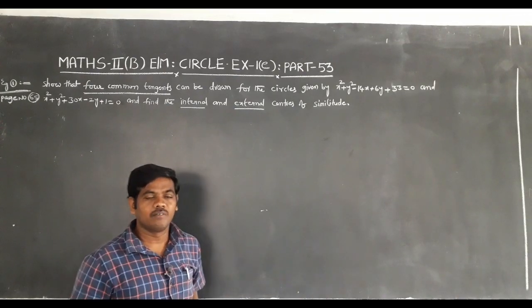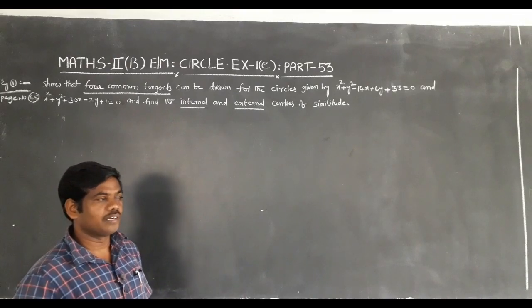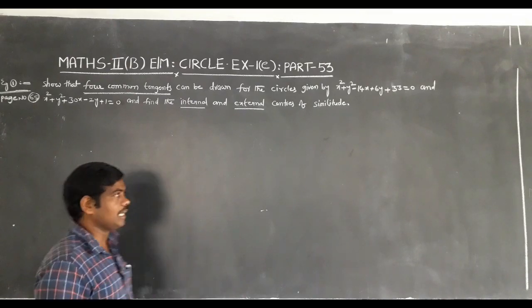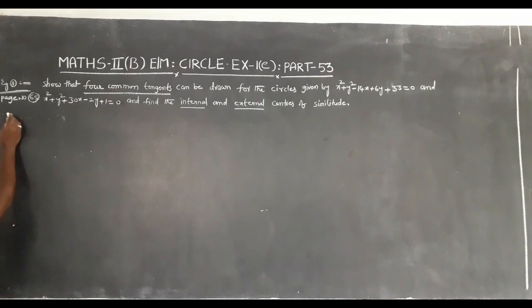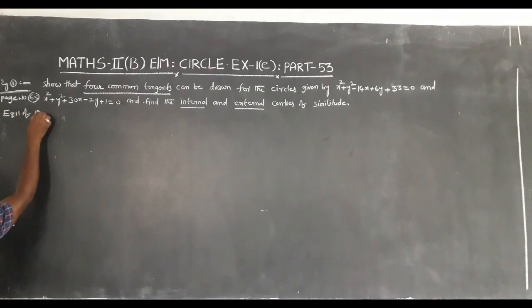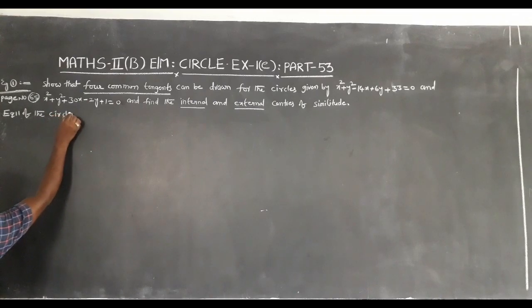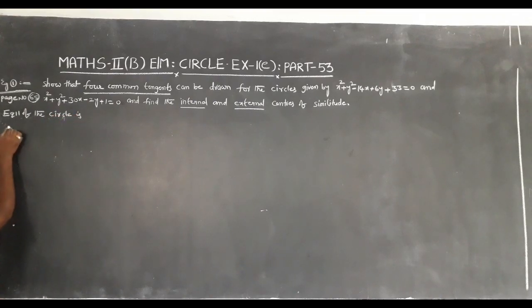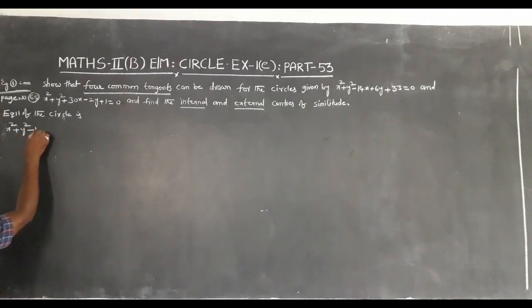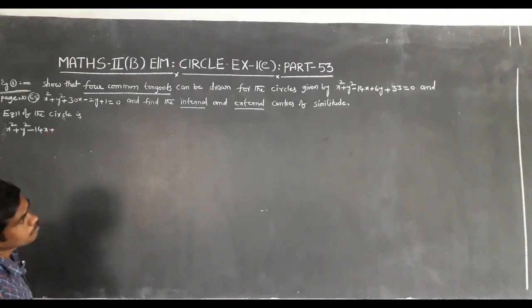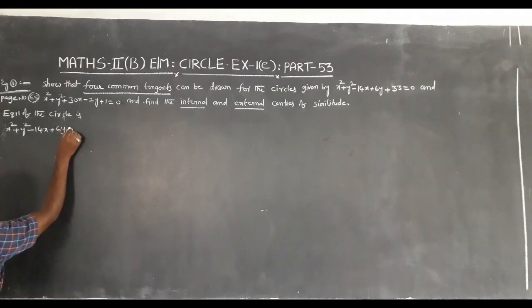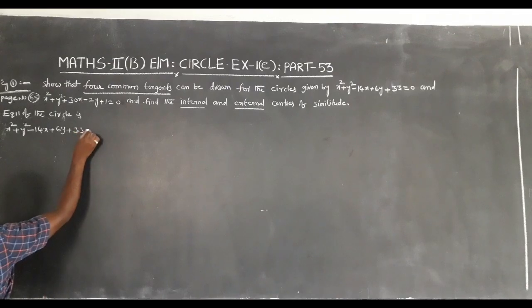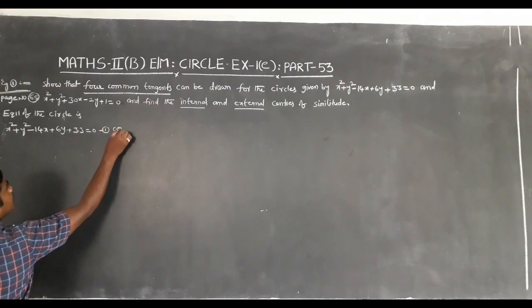First of all, we find the centers and radii of the given circles. The equation of the first circle is x square plus y square minus 14x plus 6y plus 33 is equal to 0.